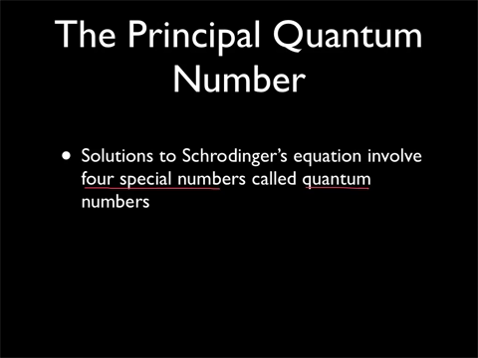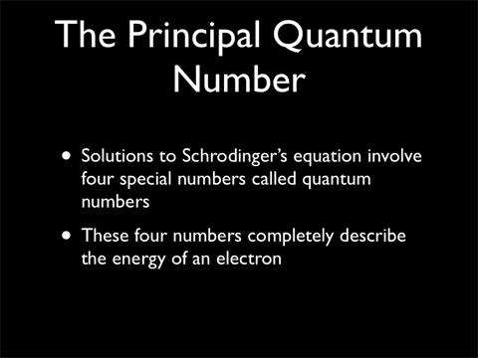In other words, we need to understand what they are talking about when they talk about the principal quantum number. But we're not worried about how we solve that and where we get it, except in general. Those 4 numbers will completely describe the energy that an electron has. And that energy is related to its wave and so on.